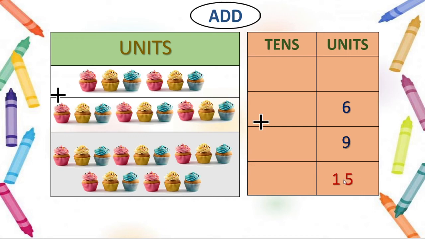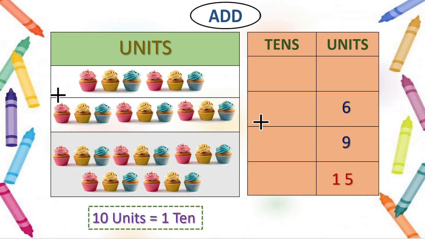Now again you know that 10 units is equal to 1 ten. Children, tell me, 15 units is equal to how many tens and how many units? Very good. 5 units and 1 ten.